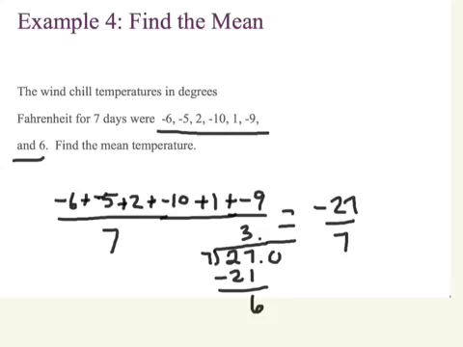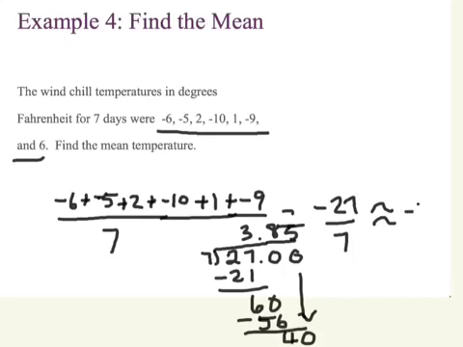Well, I'm going to just put a 0 here and keep it moving. 7 goes into 60 8 times, and 7 times 8 is going to give me 56. Subtract, I get 4. Bring down another 0. And I think going to the hundreds place is good enough. So 7 goes into 45 times. So our answer is approximately, wavy lines for approximately, -3.85 degrees.